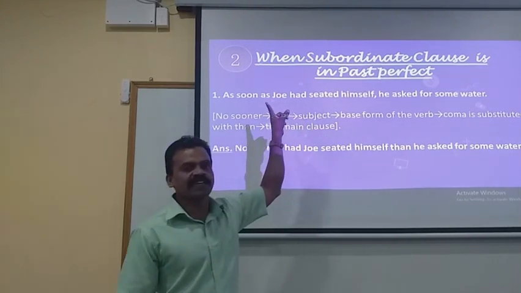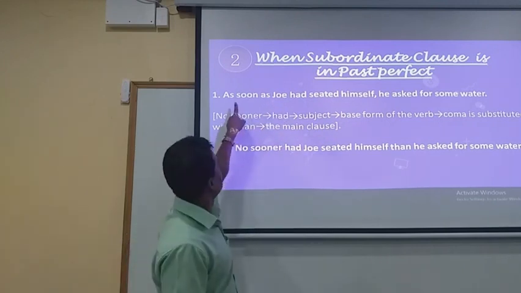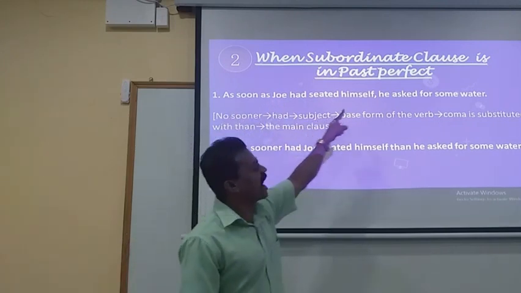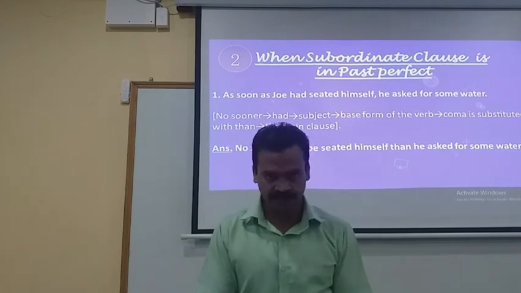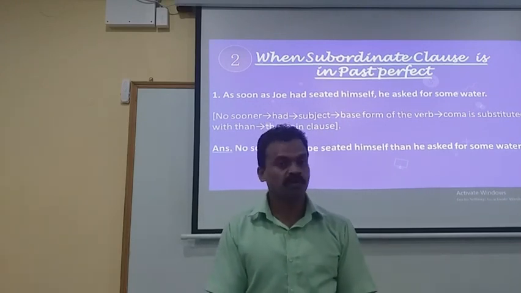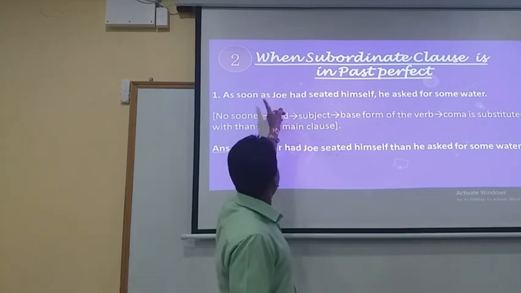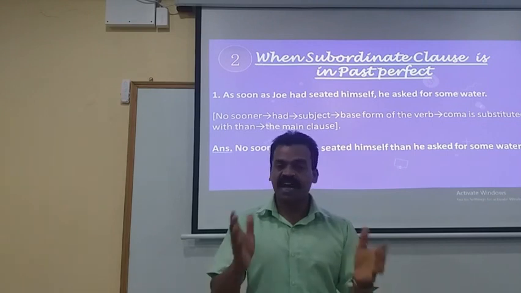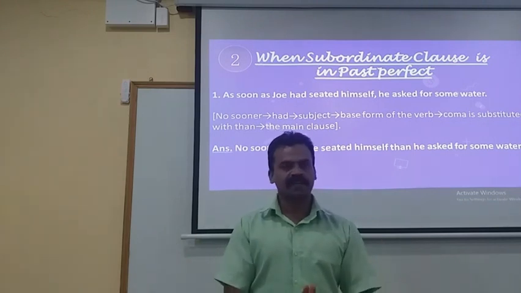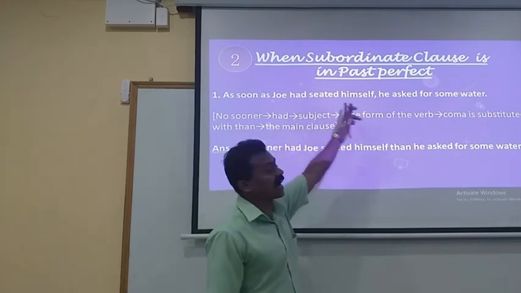Observe the tense here in the subordinate clause. It does not bring out the complete meaning in itself, so it is a subordinate clause. We have the subject, Joe, and the predicate, "had seated himself," with the main verb "had seated."